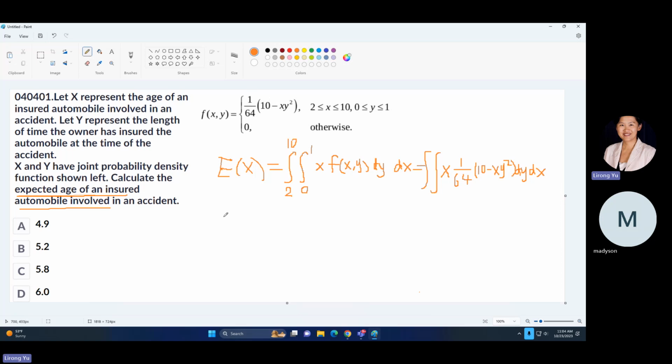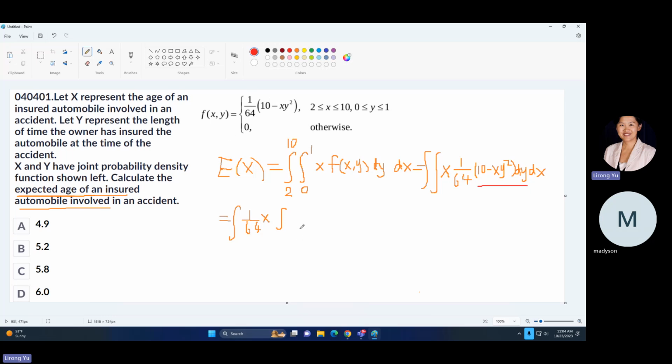So let's do the inside one first. I'll move the 1 over 64 to the outside. And then it's dx, so there's the x, also move it outside. So dy is what's inside, so we're going to fix this part. These are unrelated to y, so you can consider them as coefficients, that's why I move them outside.